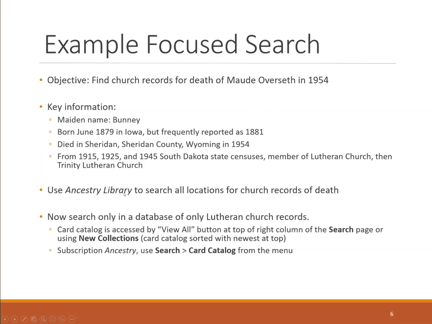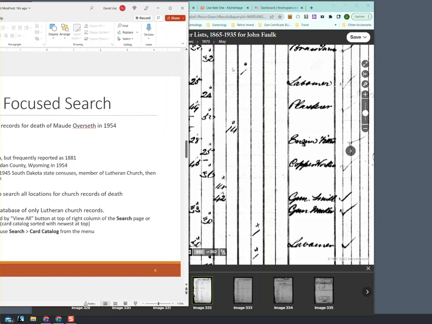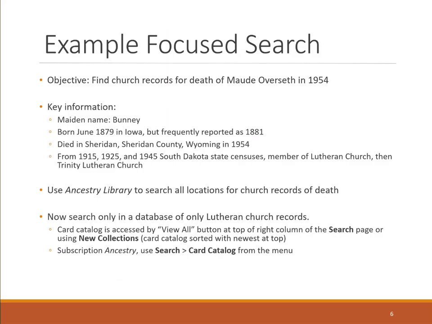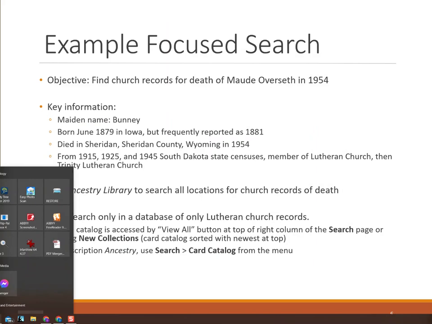So what we're going to do is try a general search in the Ancestry Library, and then come back and try to do a more specific search in Lutheran Church records to show the success. And this, let me do this so you don't see all that.